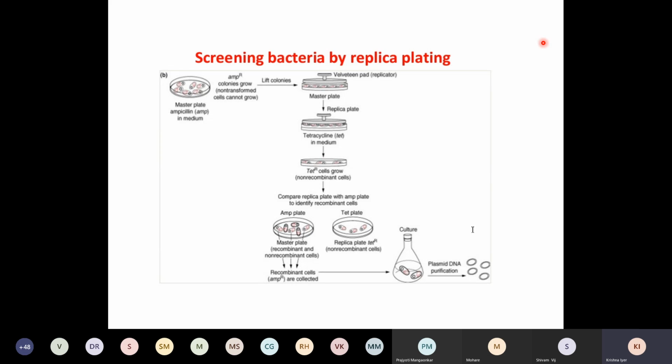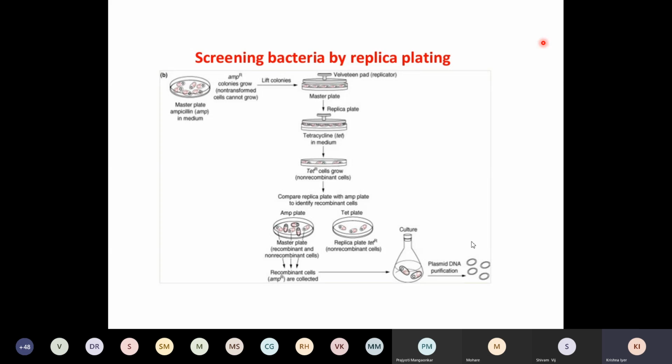Replica plating is used just to identify the recombinant bacteria for plasmid extraction. Yeah, correct. Basically, if I do replica plating in the second step, I will know which are the colonies containing the recombinant bacterium. And what I will do after that is not directly extract the plasmid from them.